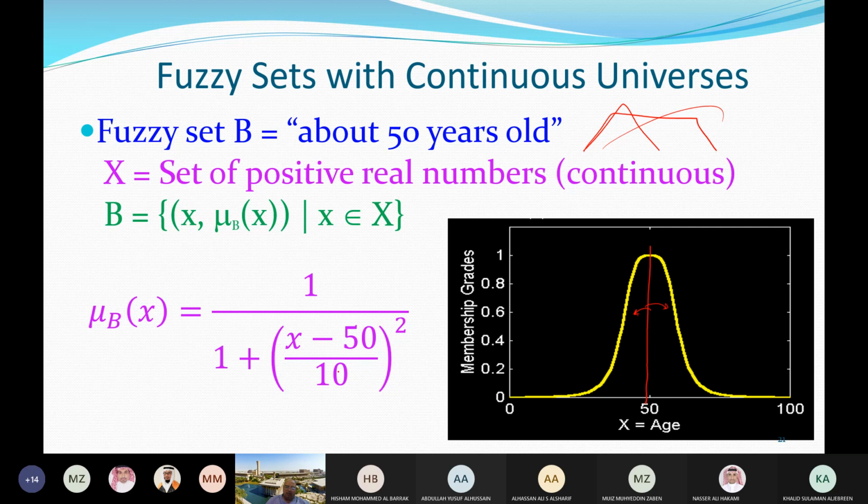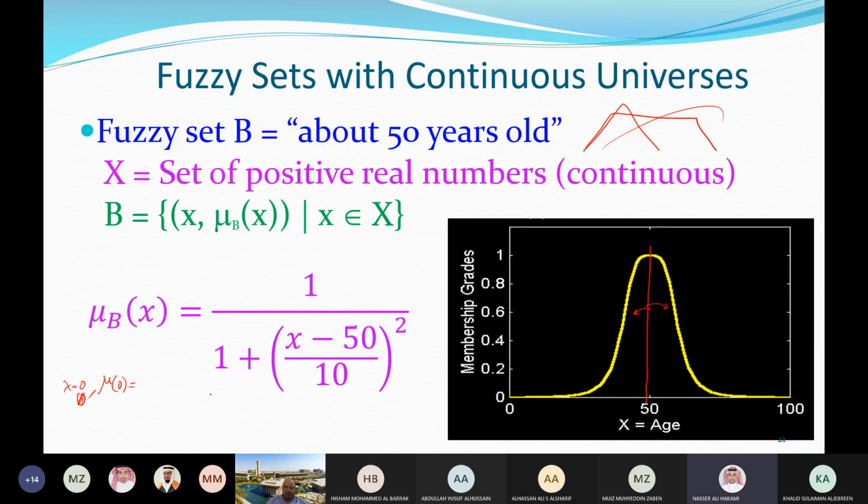So if you have any age, for example 0, if x equal to 0, how much is the degree of membership? What do you think? Nasser, Hakami?